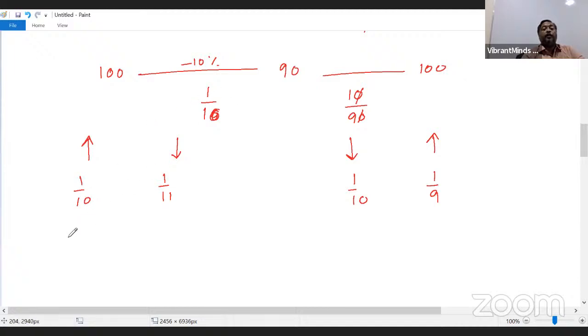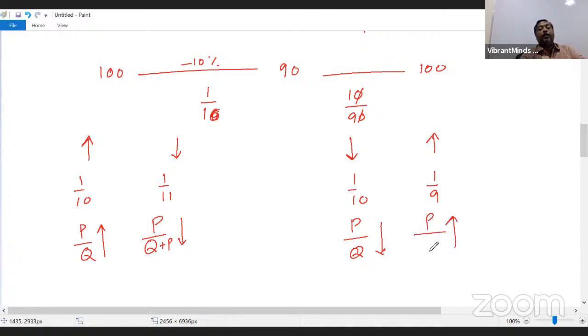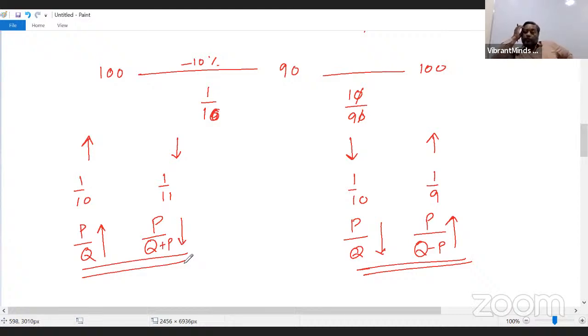Similarly, if it was P by Q, for an increase of P by Q, the decrease was obviously P by Q plus P. But if the decrease is of P by Q, then the increase was P by Q minus P. This is the difference.